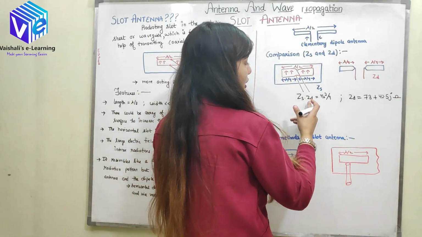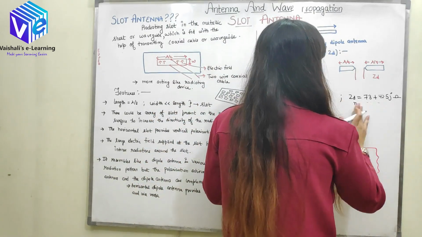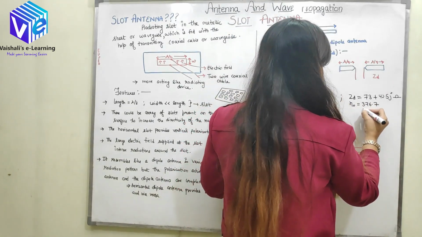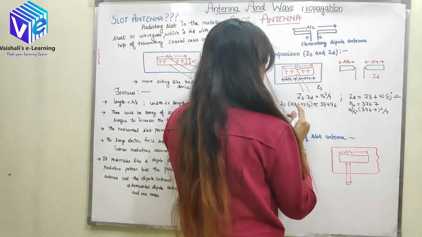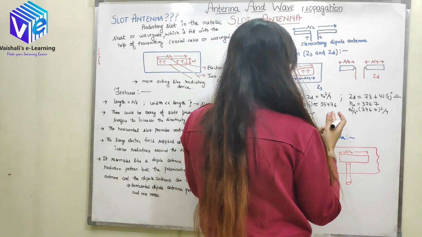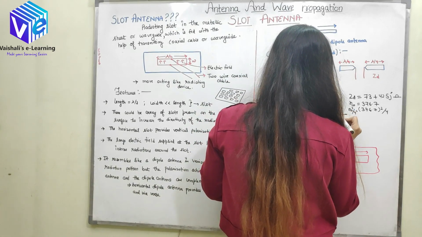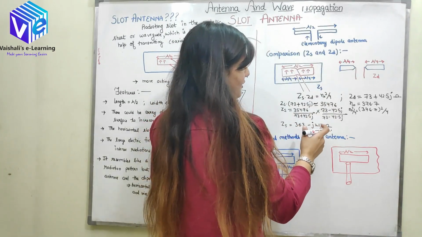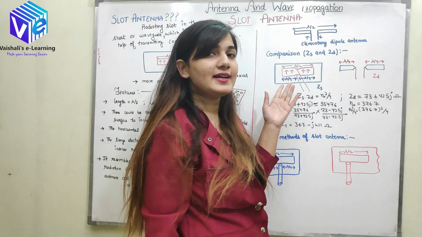Now putting the value of ZD and eta, I know eta is equal to 377 ohm, so eta square upon 4 would be equal to that value. Now taking this value to this side, multiplying and dividing by 73 minus 42.5 j. So the final ZS came out to be 363 minus j211 ohm.